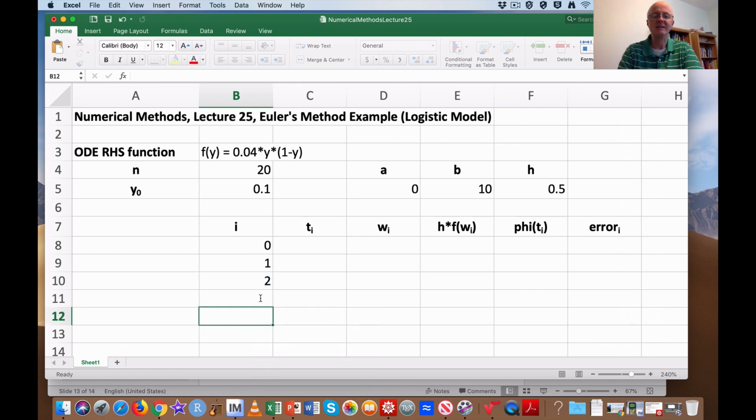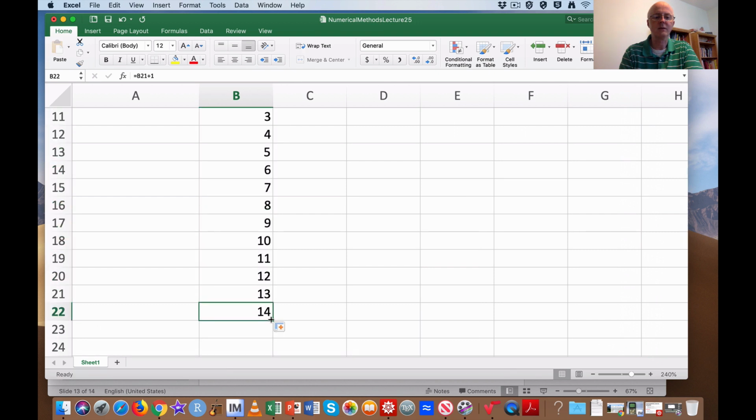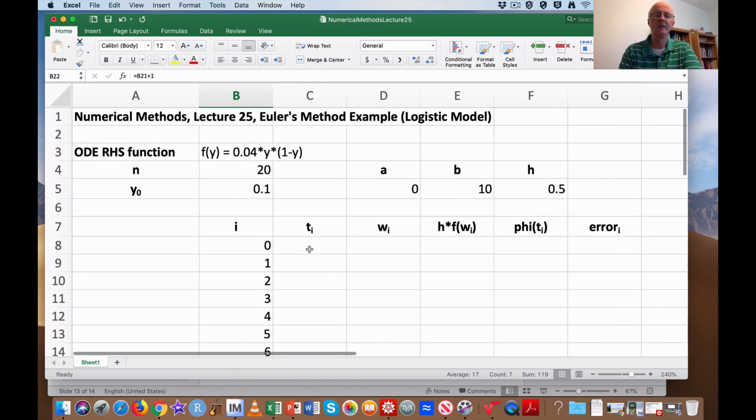The copying and pasting of the formulas updates them if you don't use dollar signs for fixed cell references. I want to do, remember, 20 steps, so I do need to click and drag this down until I get to i equals 20. Not there yet, need to go 6 more. There we go, up to i equals 20.